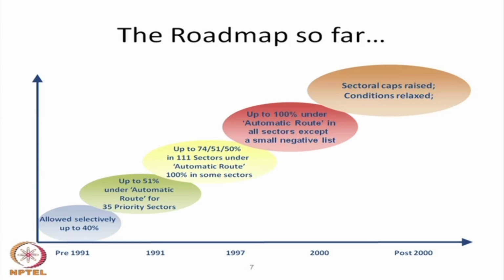This dual exchange rate was the beginning of moving towards a market-determined exchange rate regime. From March 1992 onwards, the Government of India declared current account convertibility.